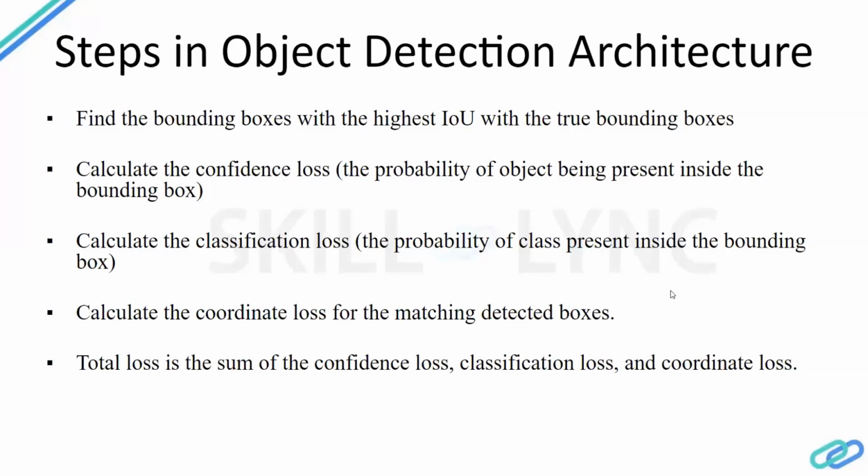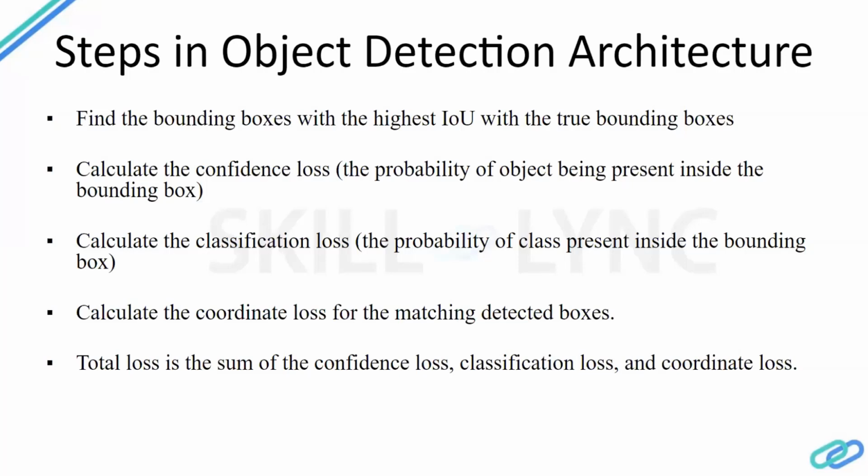Then we have to calculate the confidence loss. For example, we have created a bounding box, but we don't know whether there is an object inside that box or not. So we have created multiple bounding boxes inside that image.